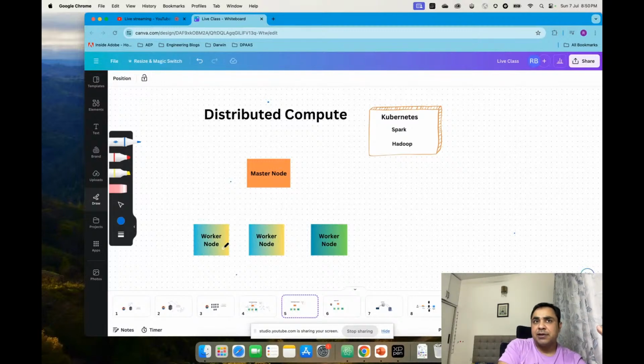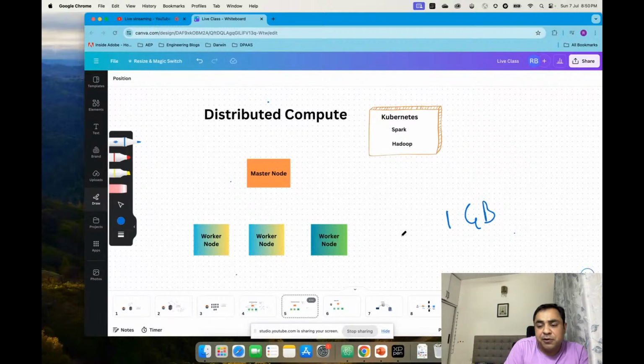So the logic that you have written using the framework, let's say Apache Spark, is what the framework runs. To make it simple, let's say you had 1 GB of data, which you had already stored across these nodes. You had two blocks here, one block here, one block here, and you have to process this information.